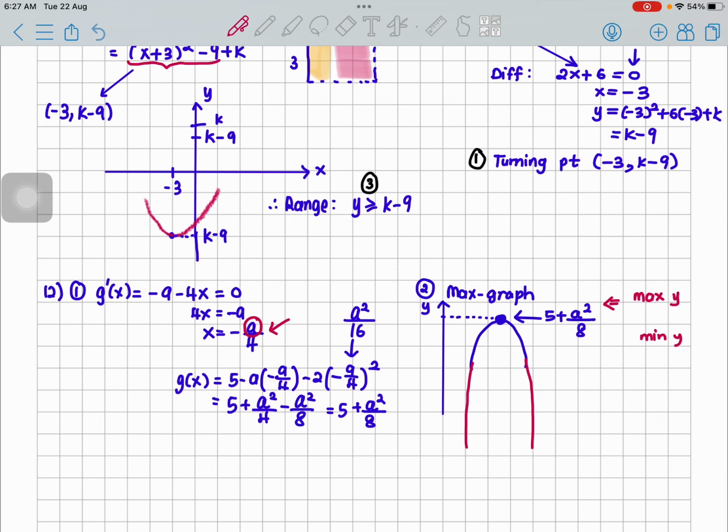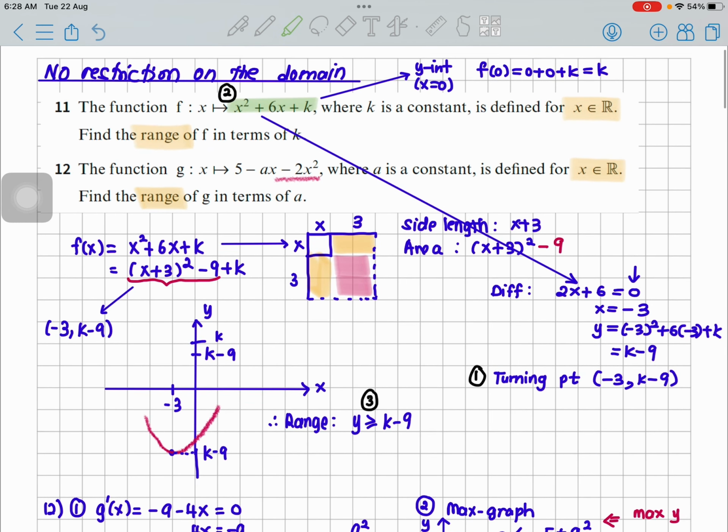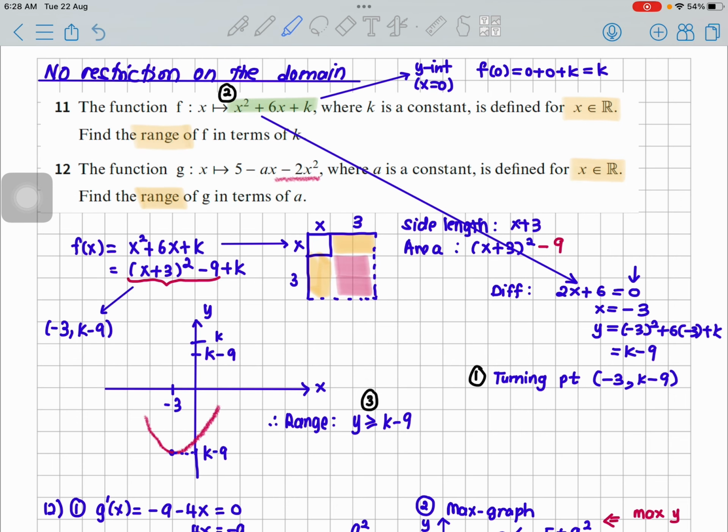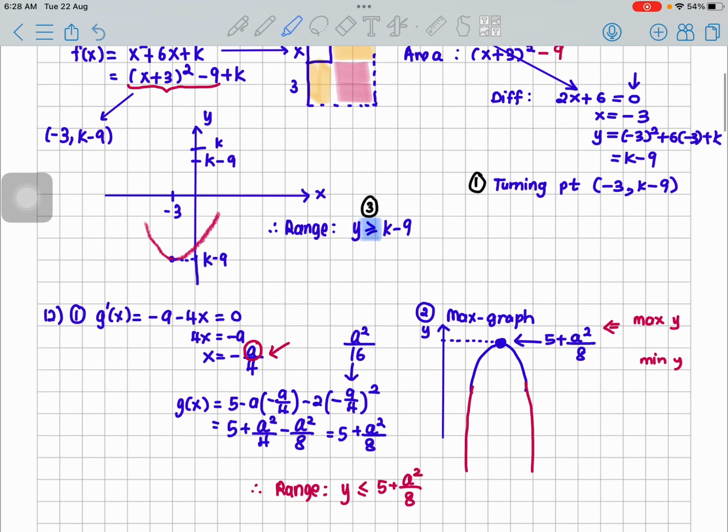So I know my final answer is going to be y less than or equal to 5 plus a squared over 8. I hope you see it now. When the question has no restriction on the domain, if it is a minimum graph, then you are using more than. If it is a maximum graph, then you are using less than.